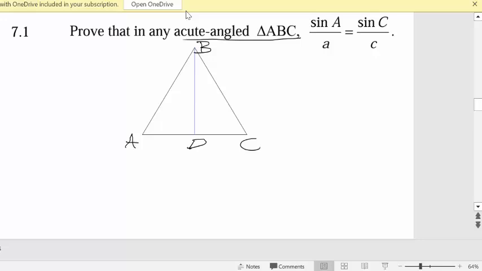BD, as it's constructed, is perpendicular to AC.